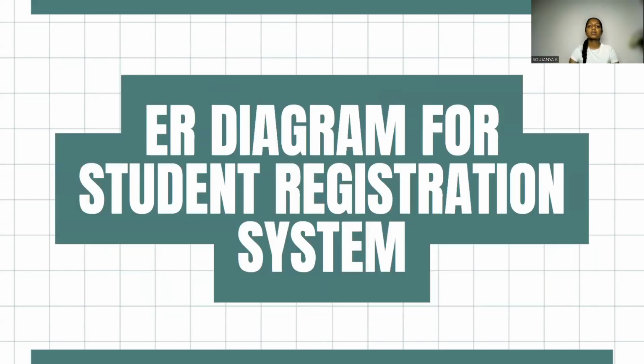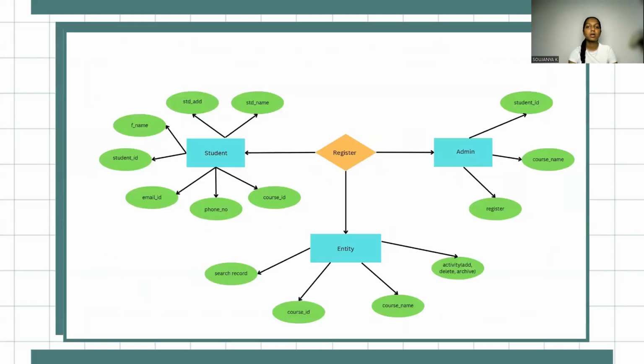So the main topic of this video is ER diagram for student registration system. So let's see. Here it's a system where there is a registration of student done. So register is a relationship. You see, it has a diamond shape.